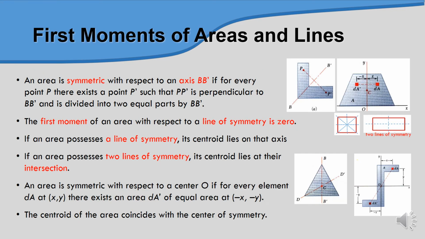Okay, for the area of symmetry with respect to an axis BB', in this case we have this shape, and we have B', whereby the point P is a symmetrical point at P' here, at the same distance, symmetrical with this line.